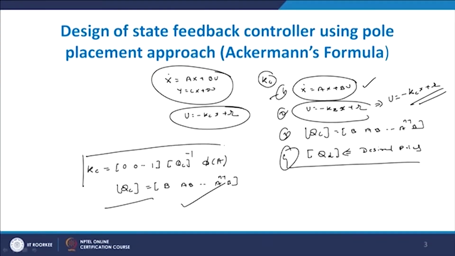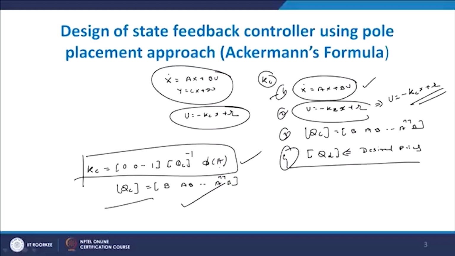This is a very important formula, and we can directly get the controller with no need for any iterative approach. But how do we get this formula? Now we start deriving the Ackermann formula, and the technique we use is the Cayley-Hamilton theorem. As we have seen earlier in getting the state transition matrix, the Cayley-Hamilton theorem says that every square matrix satisfies its own characteristic equation.